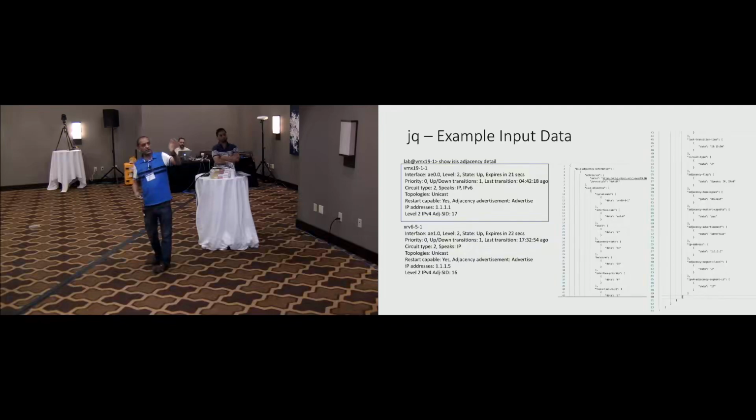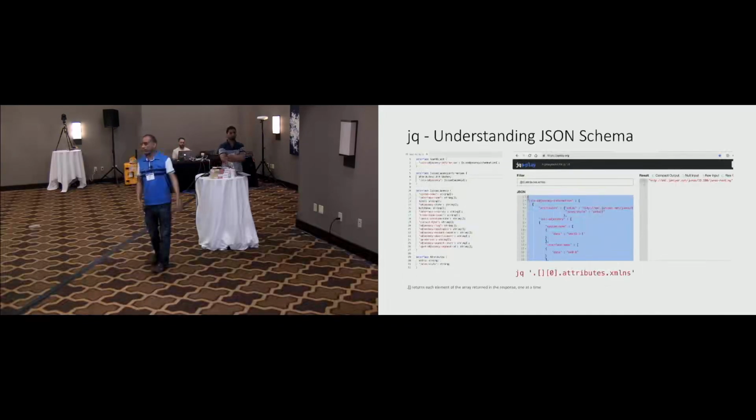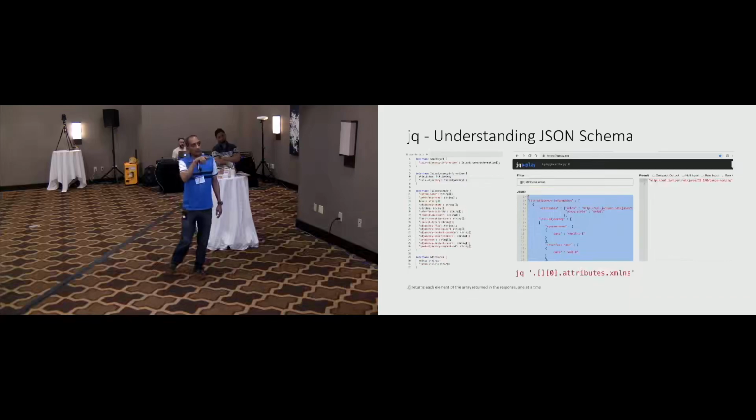So if you were interested in the xmlns attribute, that's how you would write it: you've taken out the outer array, gone into the first element of it, because there is only one element inside that outer array, then gone into the attributes, and then you get the xmlns value of it.